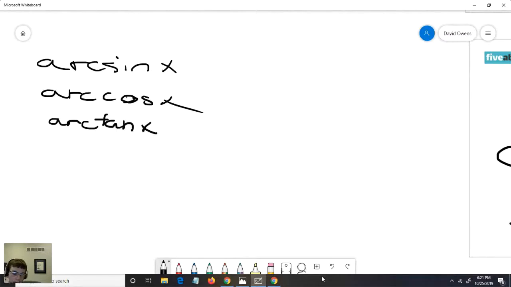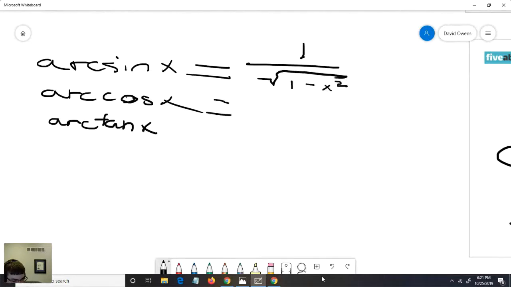Now you can go through and do the trig derivatives for these using trig, but just suffice it to say the derivative of arcsine of x is 1 over the square root of 1 minus x squared. The derivative of arc cosine is negative 1 over the square root of 1 minus x squared.